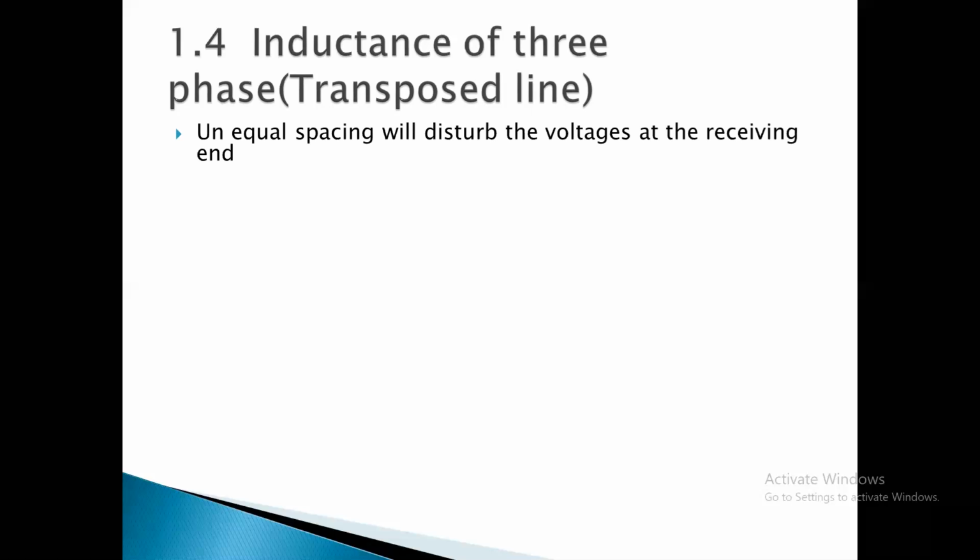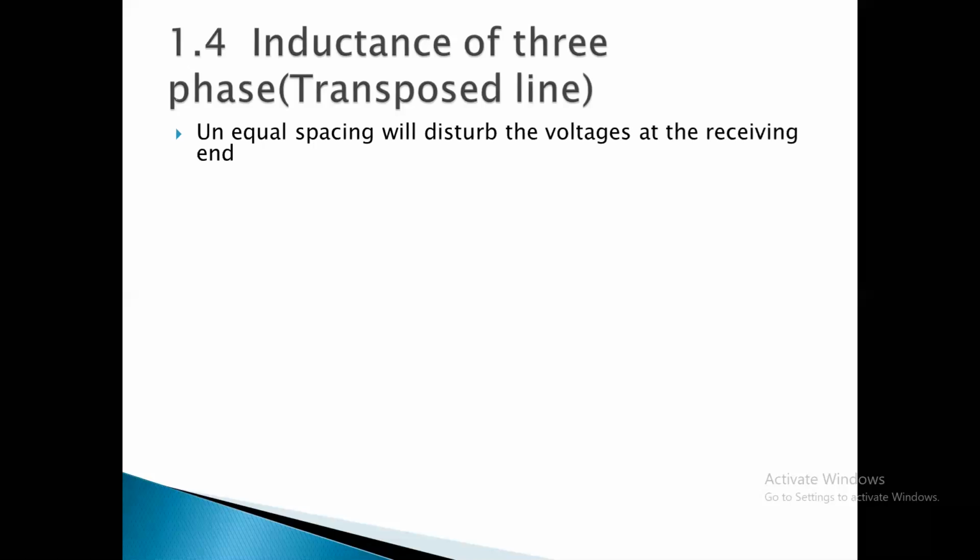For example, because here we are talking about three phase, normally in a three-phase transmission line, the receiving voltages of all three phases are the same, and the sending voltages of all three phases are the same.